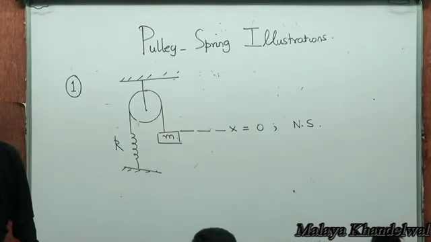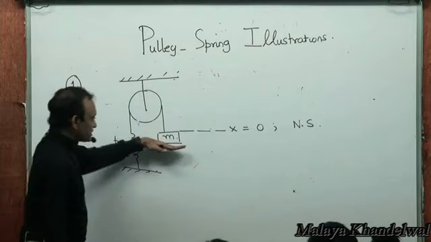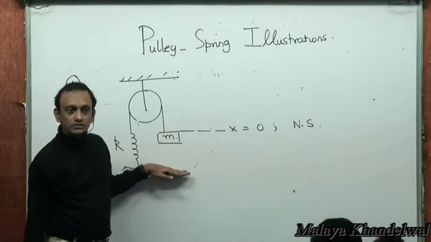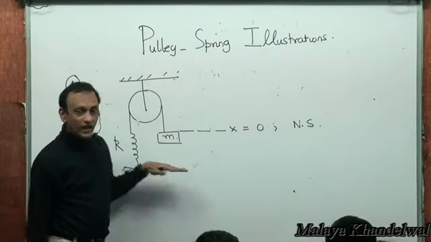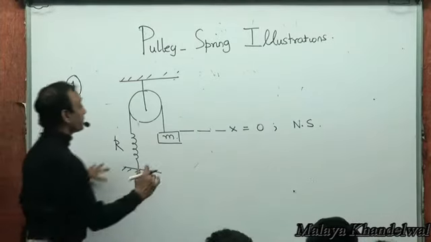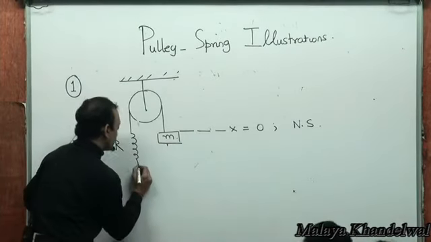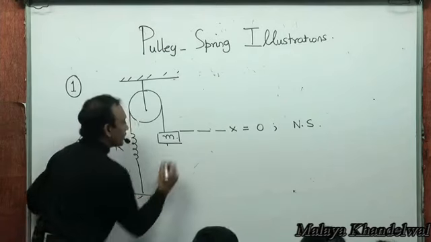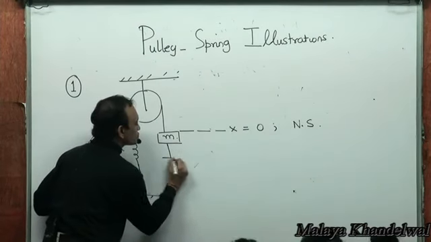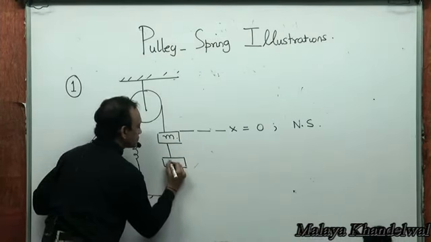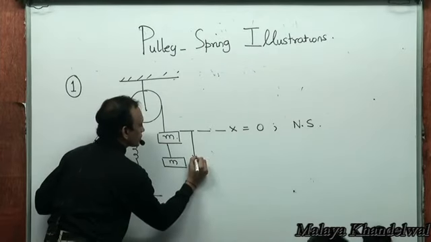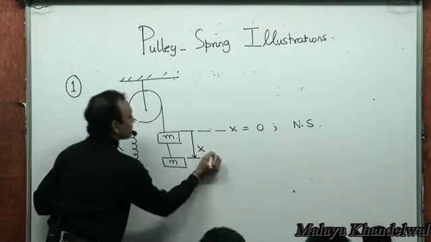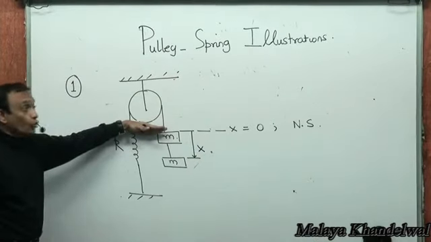Right? Yes or no? Now, obviously the mass will descend under the influence of gravity. It will gain velocity, right? After a while, the mass moves to this position, x units below the natural position.